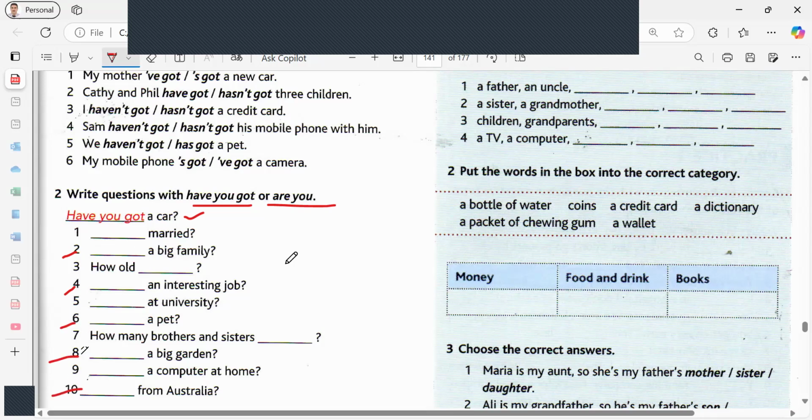Number 2, a big family. Have you got a big family? Number 4, have you got an interesting job? Number 6, have you got a pet? Number 8, have you got a big garden? Number 10, are you from Australia? Well done, MashaAllah. Well done, Jude.